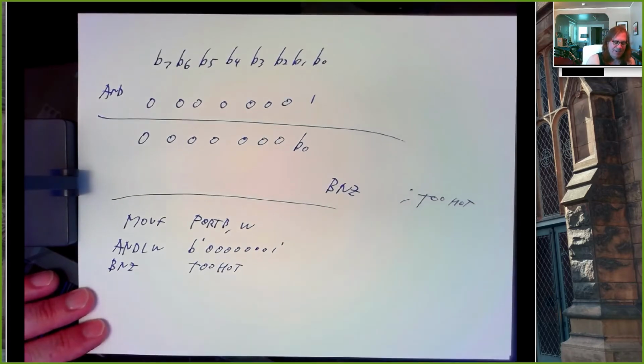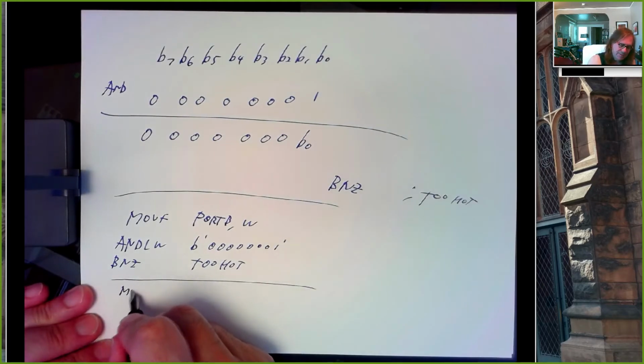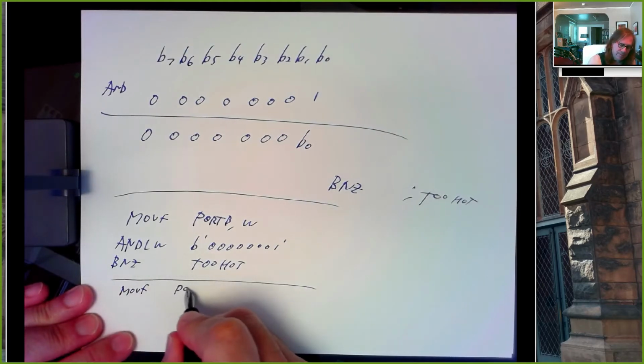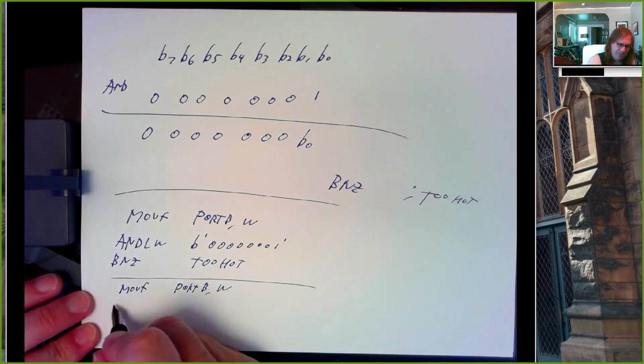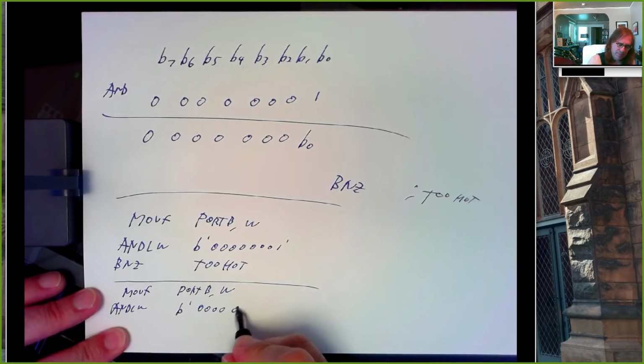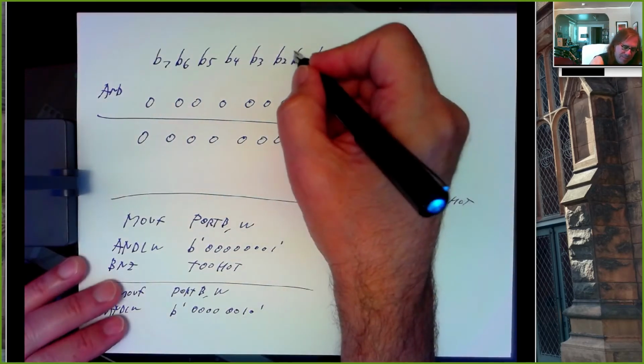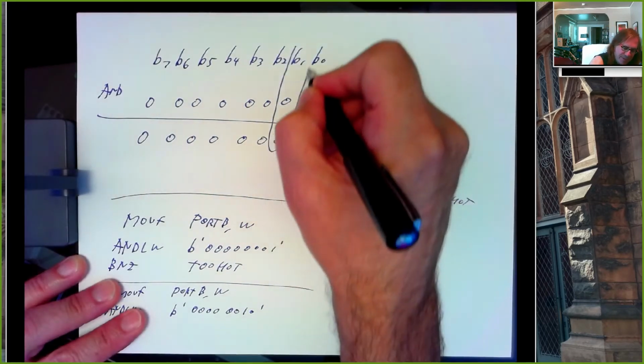And then if I follow this with more code, which says something like this: let's move port B into the W register, and then let's AND it with this bit pattern. Well, now I'm picking off this bit.